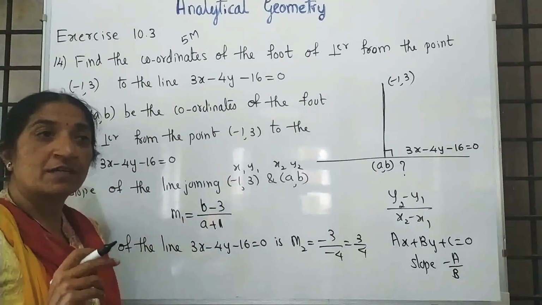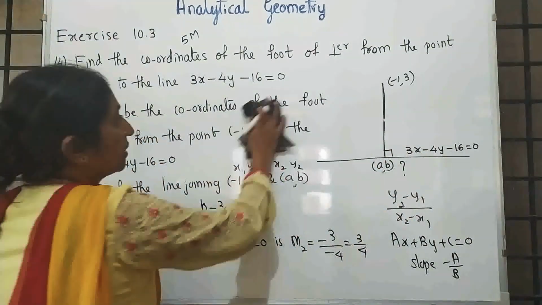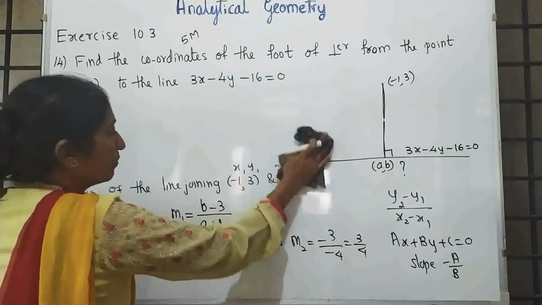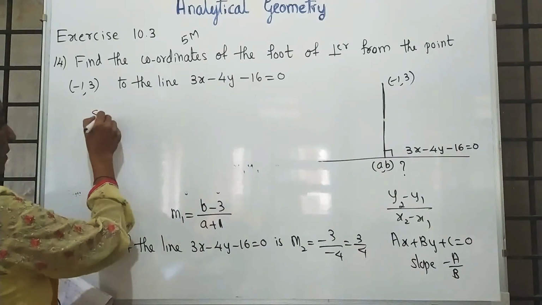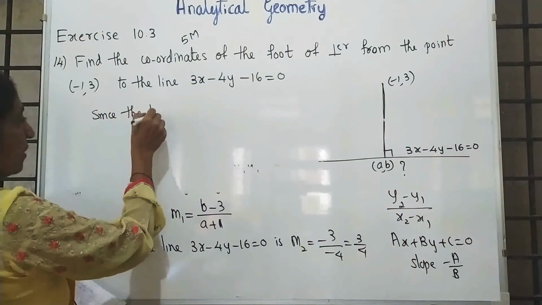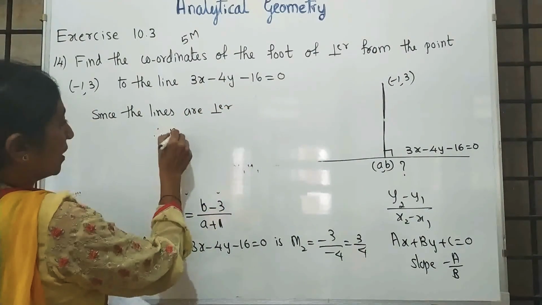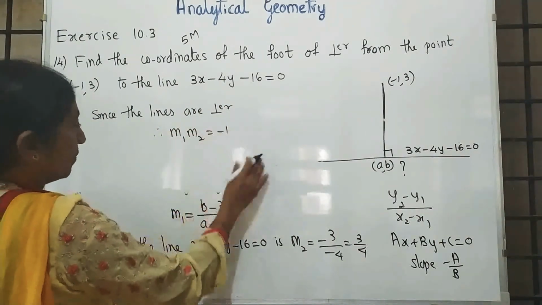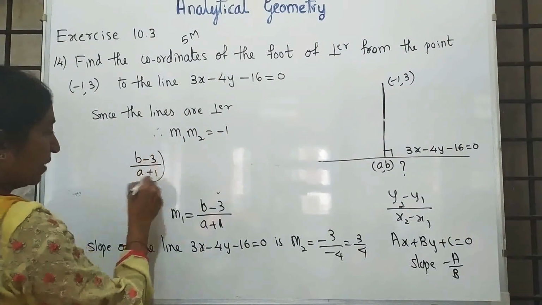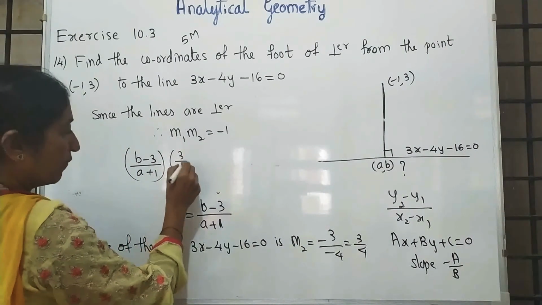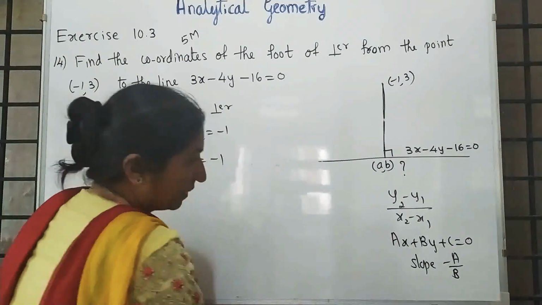And in the figure it is understood, these two lines are perpendicular to each other. If they are perpendicular to each other, their product of slopes is minus 1. Since the lines are perpendicular, m1 into m2 is equal to minus 1. m1 is (b minus 3) upon (a plus 1), m2 is 3 by 4, and the product is equal to minus 1. Now simplify this.